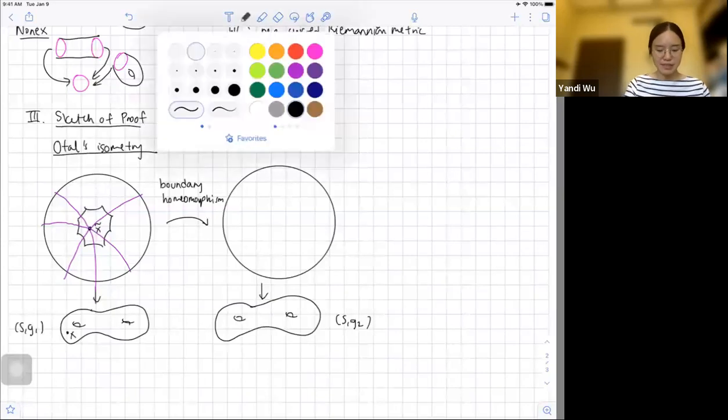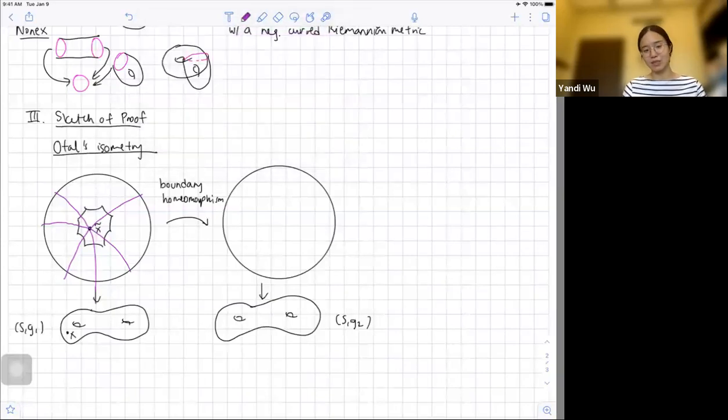And that boundary homeomorphism determines where endpoints of geodesics get mapped. So if I have this purple geodesic here, I figure out where the boundary homeomorphism sends it. And then there's a unique geodesic between the two endpoints because geodesics are unique. That's a property of negatively curved spaces.